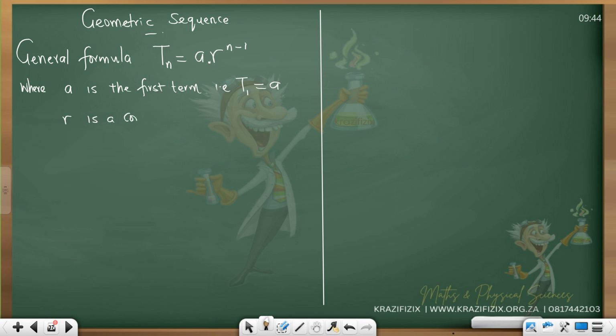R is a constant ratio, not just a ratio. R can be calculated as Tn over Tn minus 1. We are dividing here. We can find R by saying T2 over T1, which is the same thing as T3 over T2, T4 over T3, which is the same thing as T100 over T99. It is a ratio.